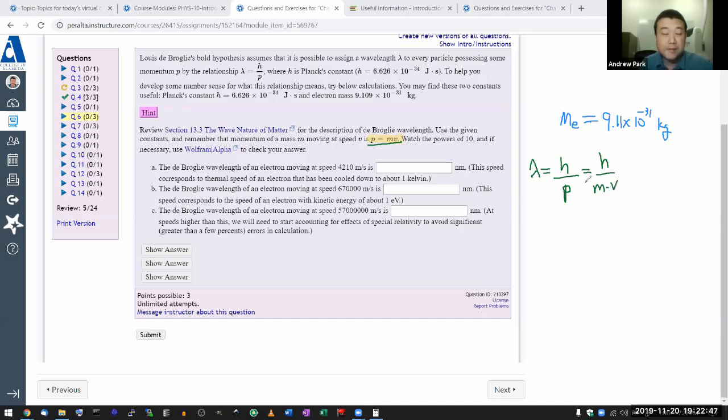If I keep everything in SI units, I'll get the wavelength in SI units, and then I can work it out from there. So, all right, let's plug in the numbers for part A. So the wavelength is equal to Planck's constant, 6 point. Oh wait, there is the electron mass. I should have looked harder.